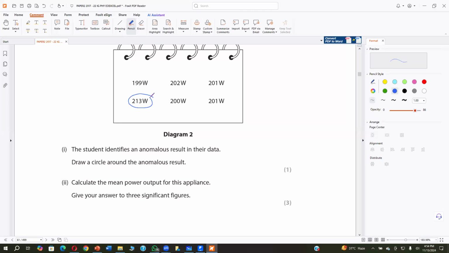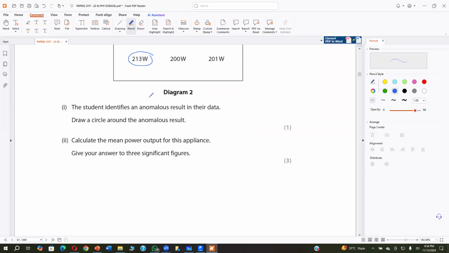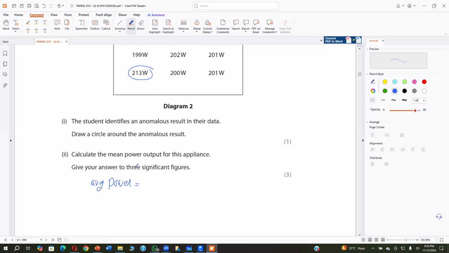Now you have to find the average. You have to ignore this 230 anomalous result. So now find the average. 201 plus 200 plus 20.